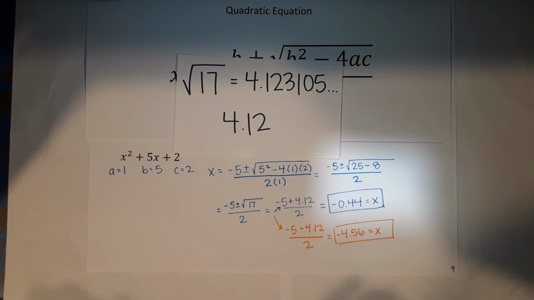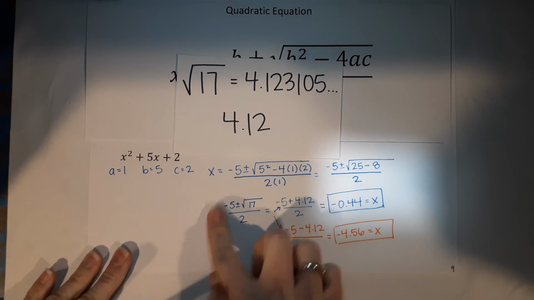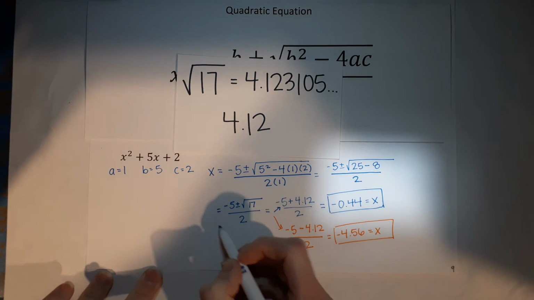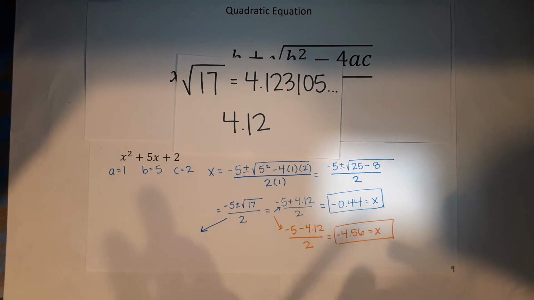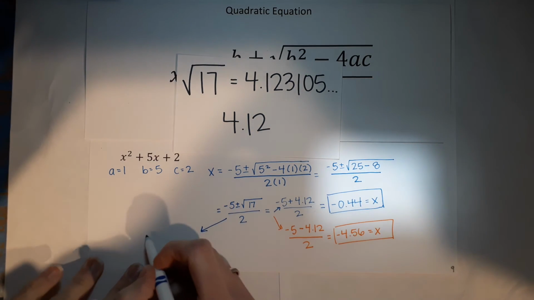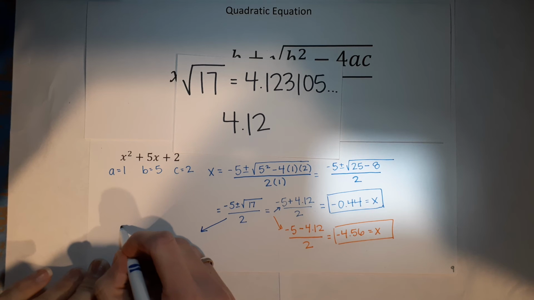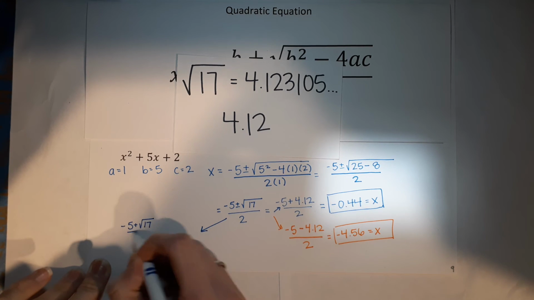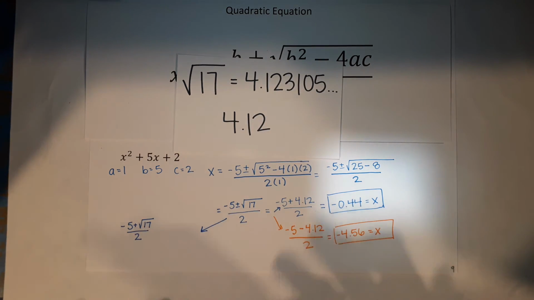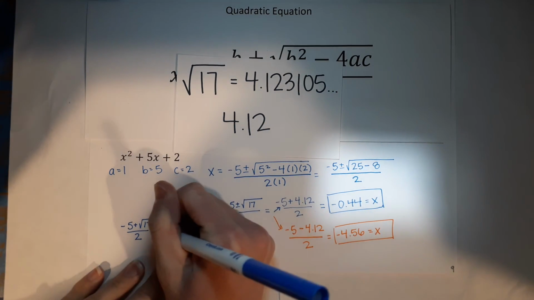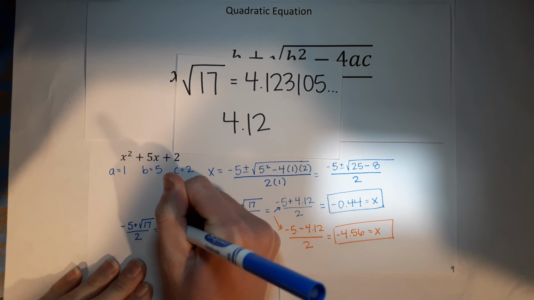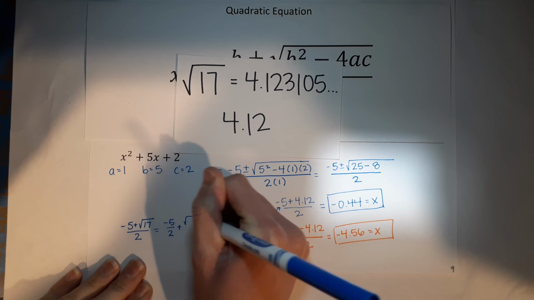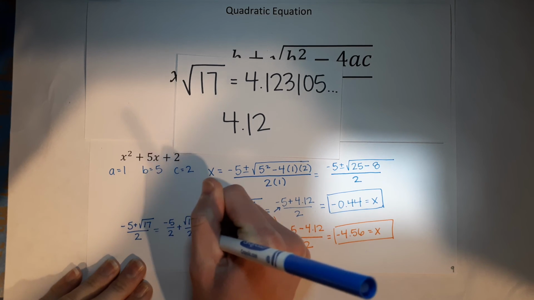If your teacher wants the radical left in there, I just decided we're going to show you what that looks like, okay? Right over here. So if your teacher wants you to leave the radical in, it can look like -5 plus the square root of 17 over 2. Also, some teachers may even go as far as wanting you to split that 2 apart. So -5 over 2 plus the square root of 17 over 2.